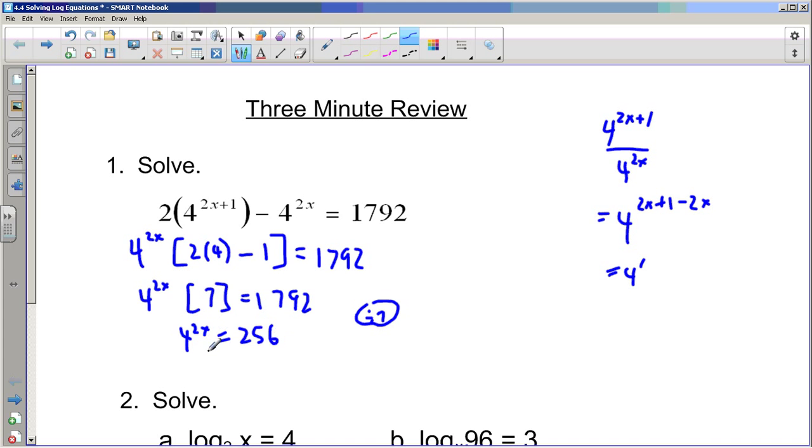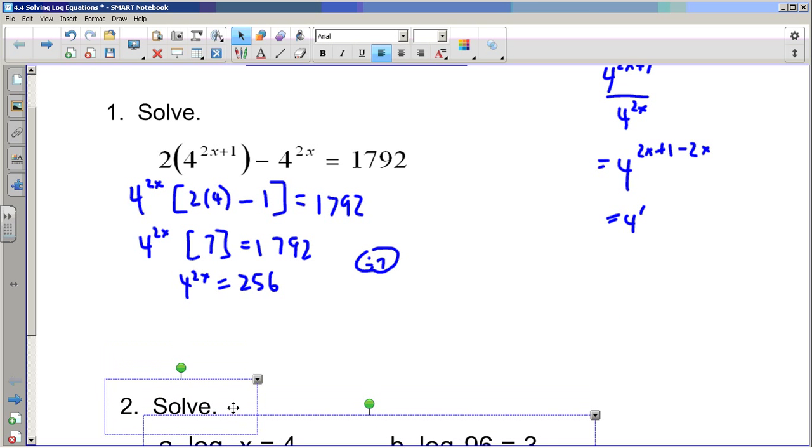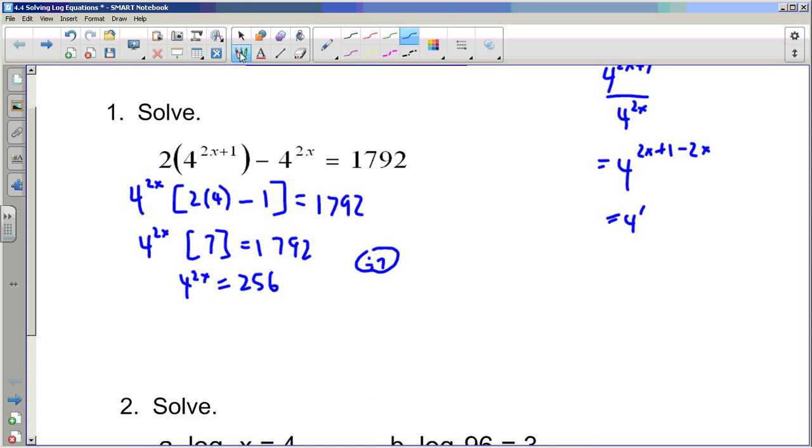And at this point, I could take log of both sides, but hopefully you're starting to recognize some of these powers. This is a power of 4. I just got to find out what it is. 4 times 4 is 16, times 4 is 64, times 4 is 256. And without a calculator, I can write 256 is 4 to the exponent 4.